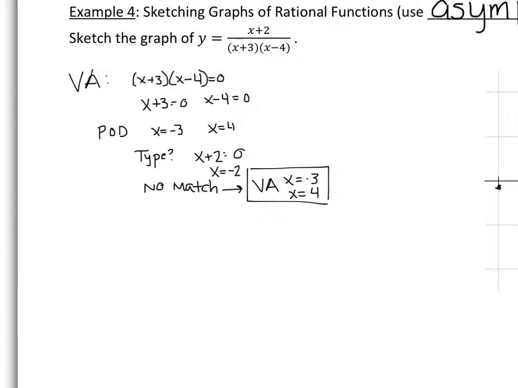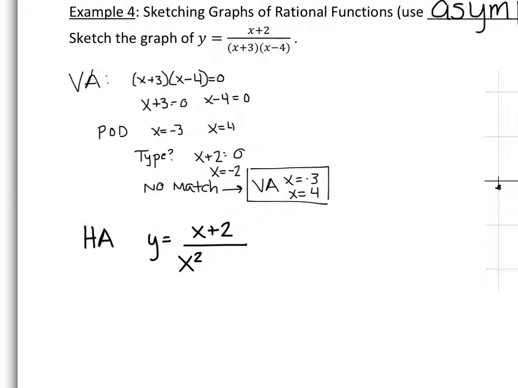Now let's find our horizontal asymptotes by looking at the degree. What's the degree of the top? It's 1. That x's exponent is 1. Now the degree of the bottom, that's not in standard form, so we need to get rid of those parentheses. So we have to FOIL. So first term times first term, it's x squared.